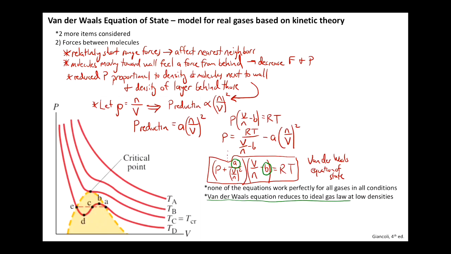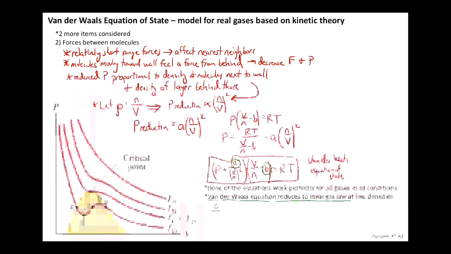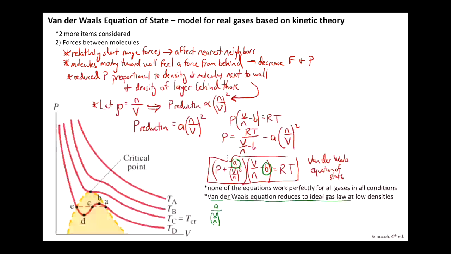Notice, the van der Waals equation is essentially just a more advanced version of the ideal gas law. This will reduce to the ideal gas law if the density is low, in which case the ideal gas law actually works. What I mean is that, first of all, the term A over (V over N) squared is going to be much, much less than the pressure.